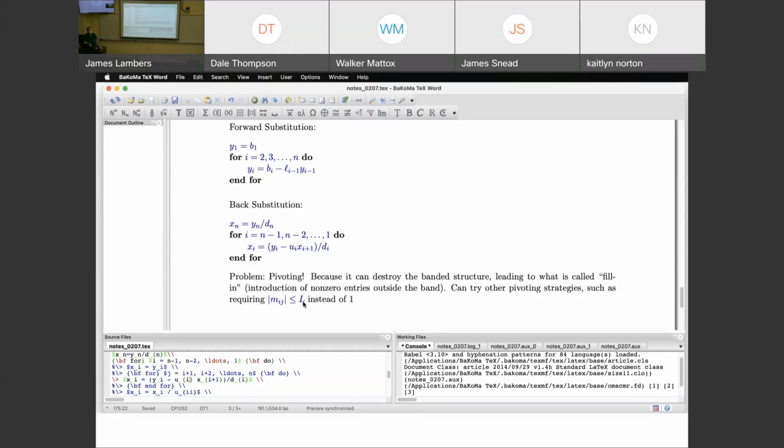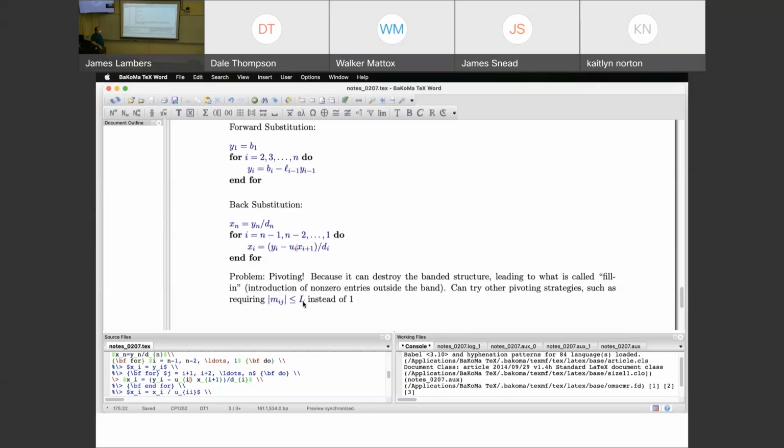Then that gives you more flexibility in choosing which row to swap with the diagonal, or maybe not performing a swap at all. Like, what if the multiplier that you would be getting without pivoting isn't so bad? Then you just accept it. So it's a way to perform less pivoting, have less destruction of your nice banded structure.